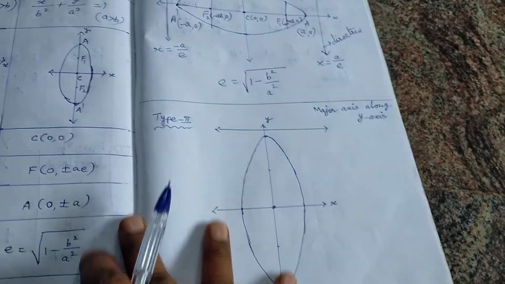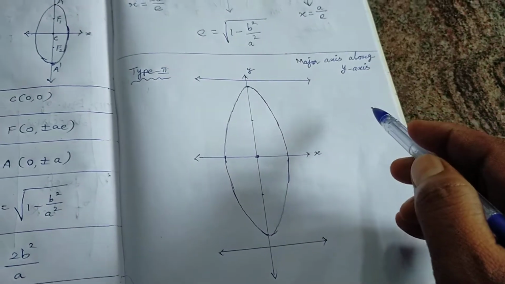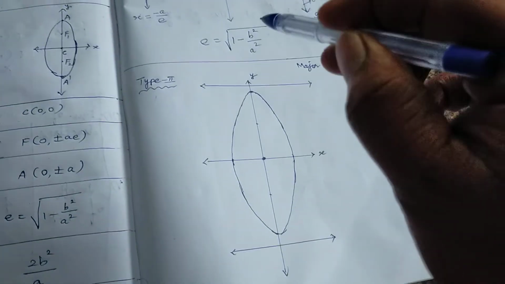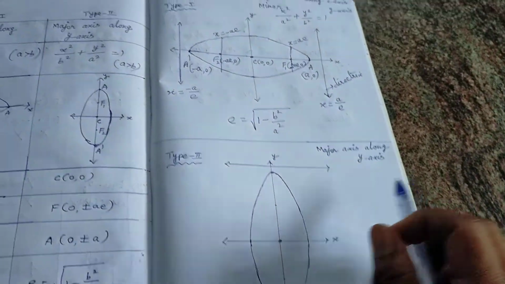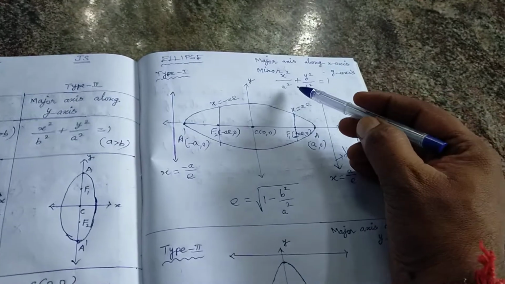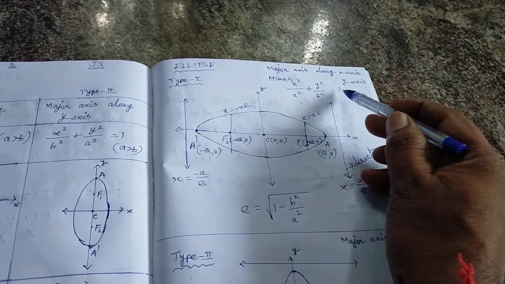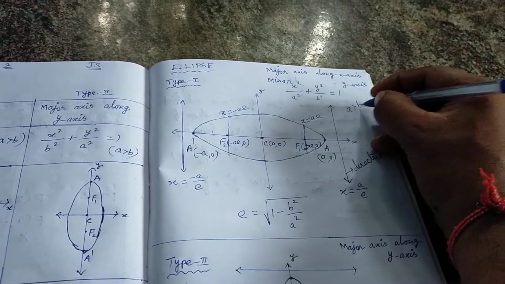Similar concept, we see the major axis along the y-axis. Look at children, all the points lie on the y-axis, so we call it the major axis along the y-axis. So the equation of the first type is x square by a square plus y square by b square equal to 1. In ellipse, a is always greater than b.